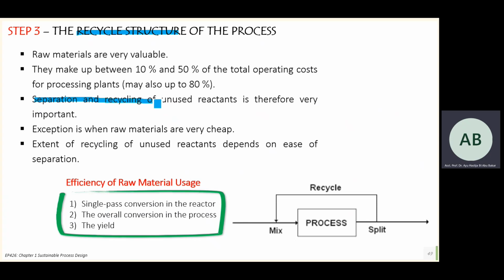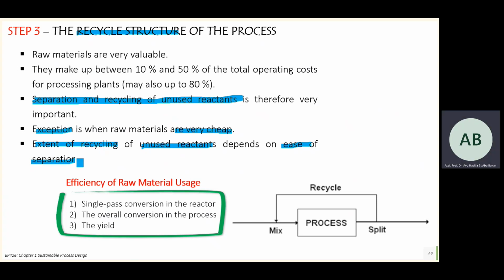Separation and recycling of unused reactant. Because in your reactor, perhaps your raw material should be in excess in order for the reaction to occur, so that excess material should be recycled. The exception is when raw materials are very cheap, for example the air just now. Okay, and the extent of recycling of unused reactant depends on the ease of separation.